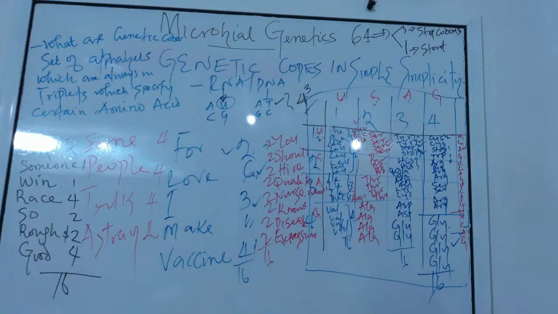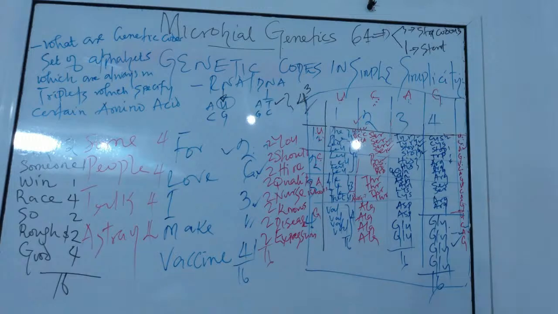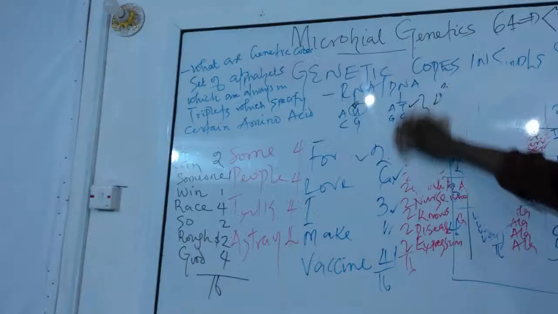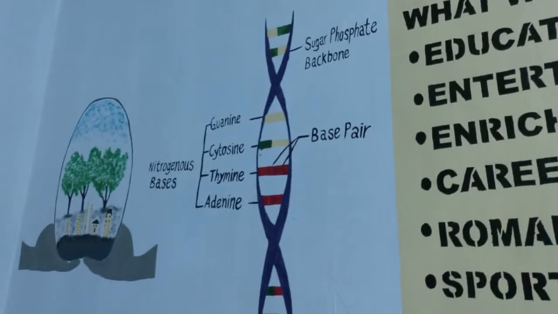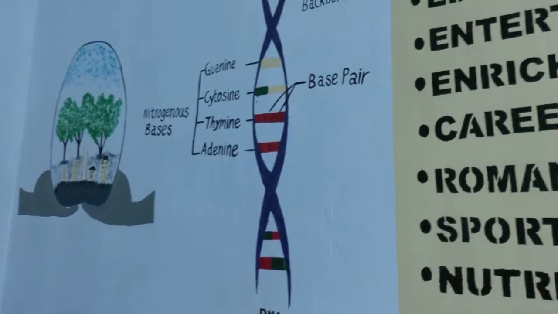Okay, so let's go to the simple letter word, that is the alphabet that you can use in coding for the amino acid. Once you are able to remember all the combinations of these words, it's going to help you.